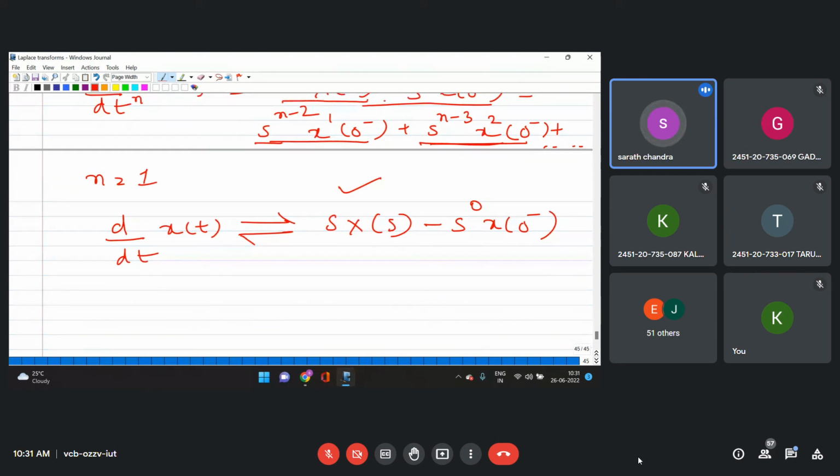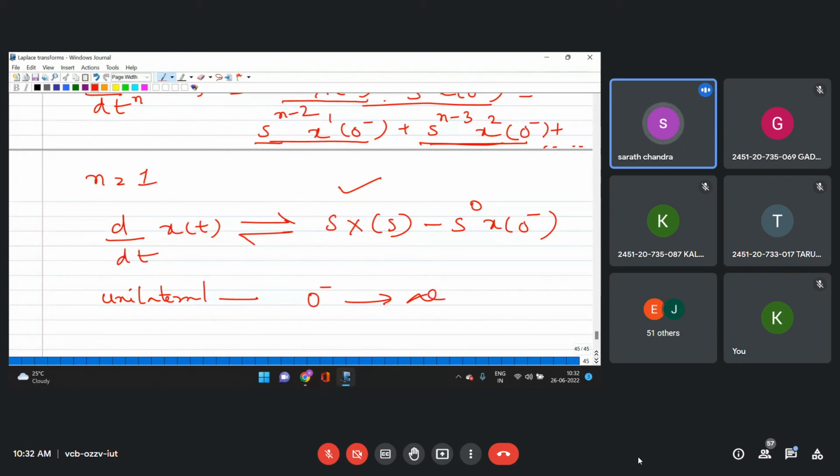Now understand this point. In this, we go with the unilateral Fourier transform or Laplace transform. So we call it bilateral or unilateral. If it is unilateral, this will be from 0 minus to infinity.